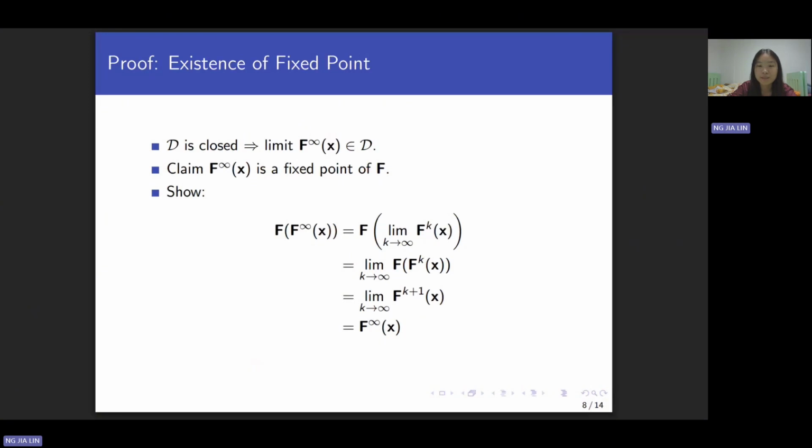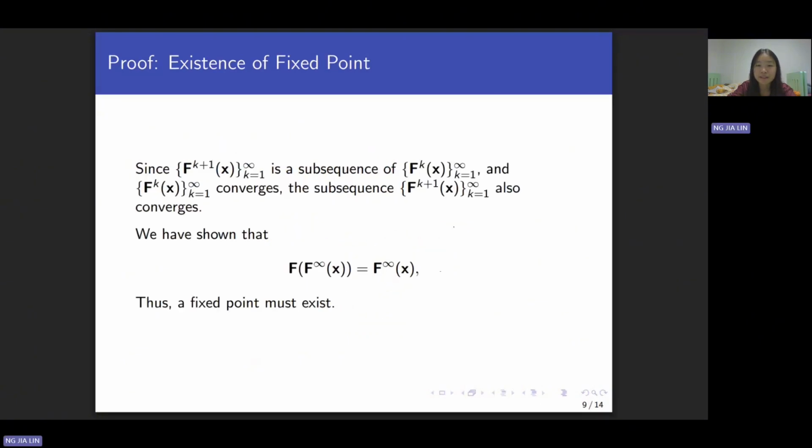Therefore, we can write the limit outside and we perform the function first. Then we get f power k plus 1, and we know that this is also f infinity x. So we have successfully proved that f infinity x equals f infinity x.